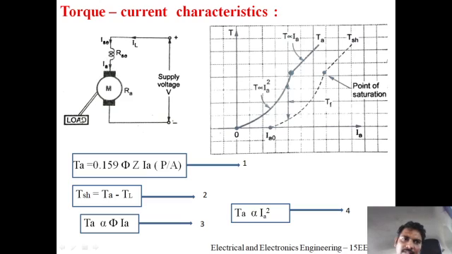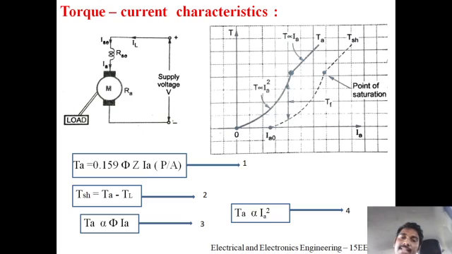As Ia increases, from equation 4, as Ia is directly proportional to torque, therefore my torque also gets increased, which increases as the square of that.